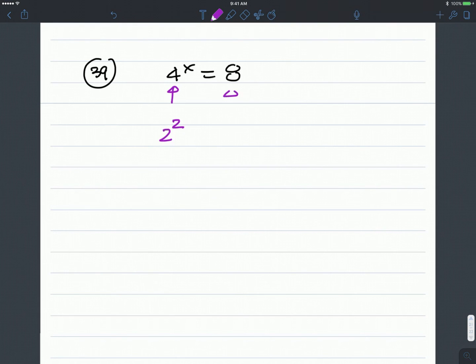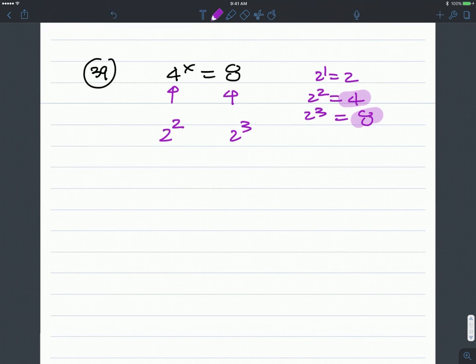And 8 can be described as what? 2 to the what? To the third power. You okay with that? Let's note, isn't 2 to the first 2? 2 squared is 4. 2 cubed is 8. These are the numbers that we see there as bases.